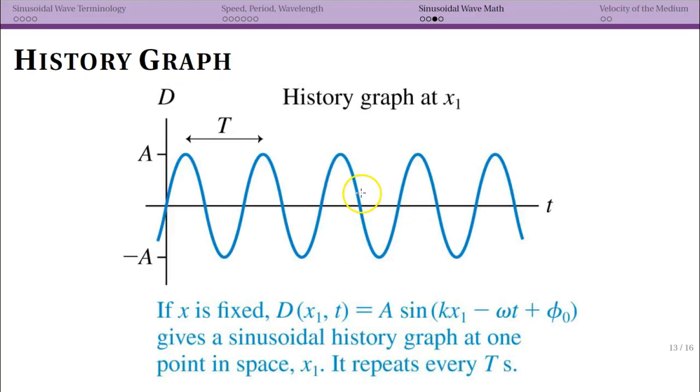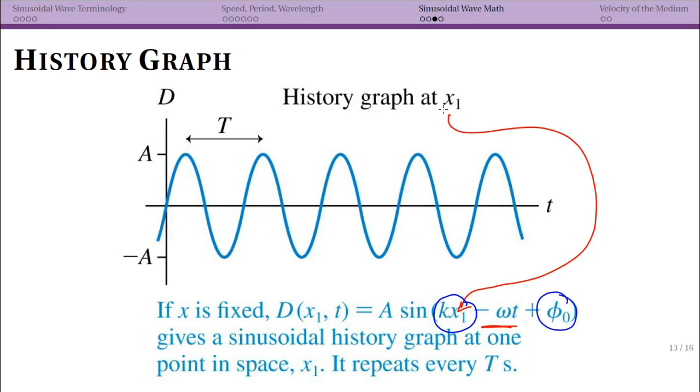So if we then return to our plots to now try to connect what our representation looks like compared to our math, if we have a history graph, that means that we're looking at a function of time for one position in space. So we have to take our two-dimensional function, we plug that in here, but now we have a function of this. So notice that this is a constant and this is a constant.